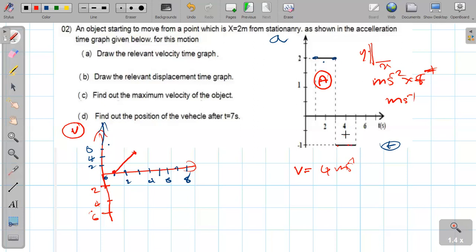You have to find out the velocity from this one. So what is the velocity again? It's like 2 times 1. Velocity is just 2 meters per second, so the velocity drops to 2 meters per second at the time of 5.